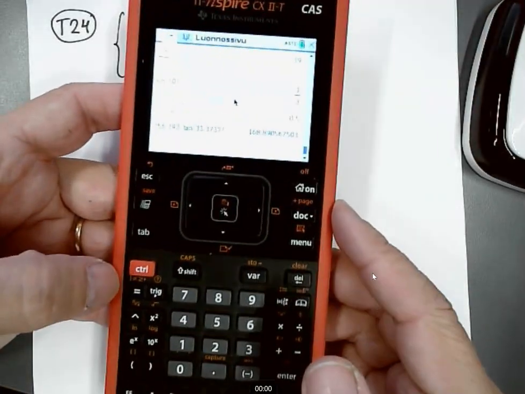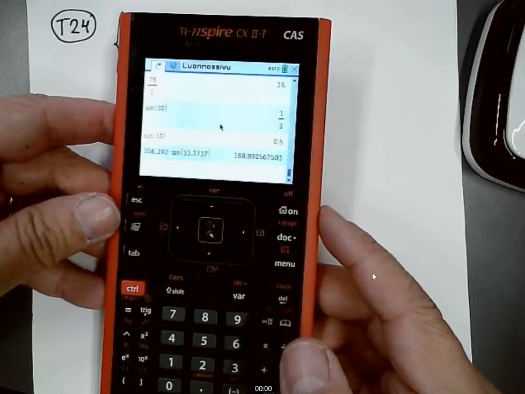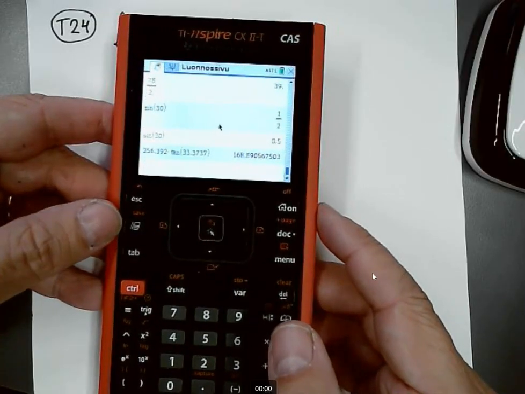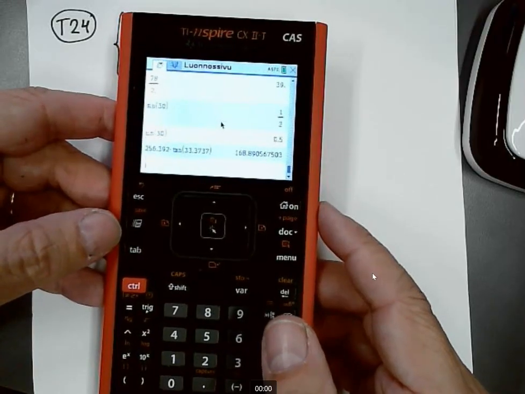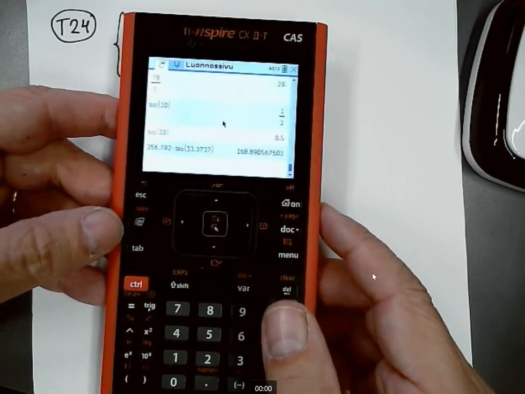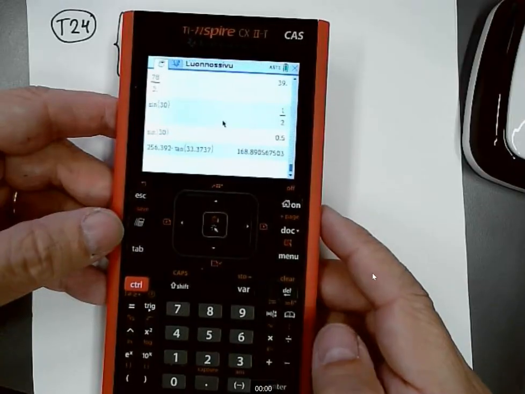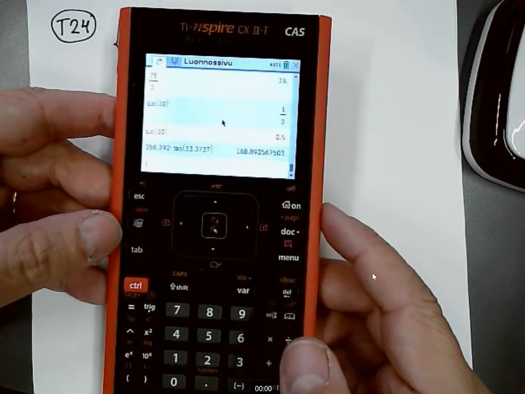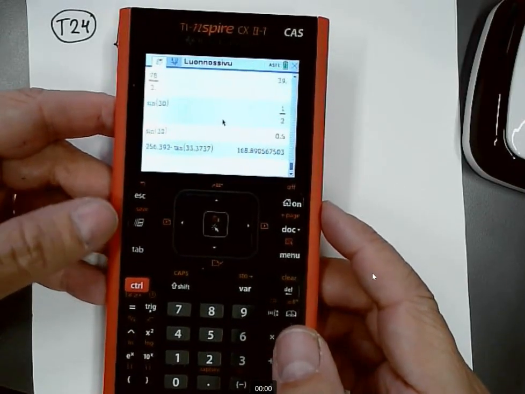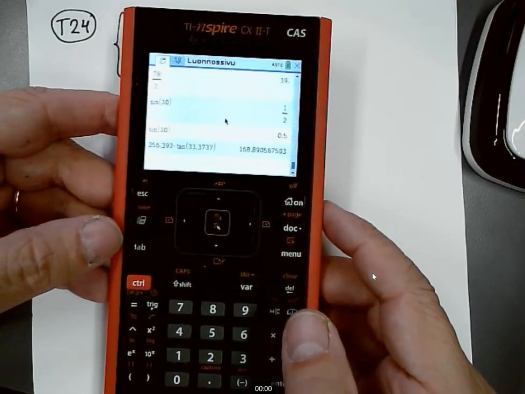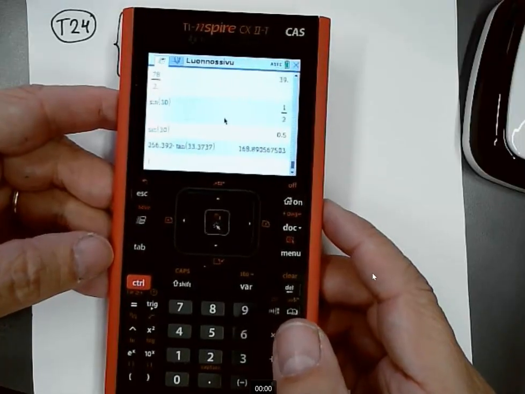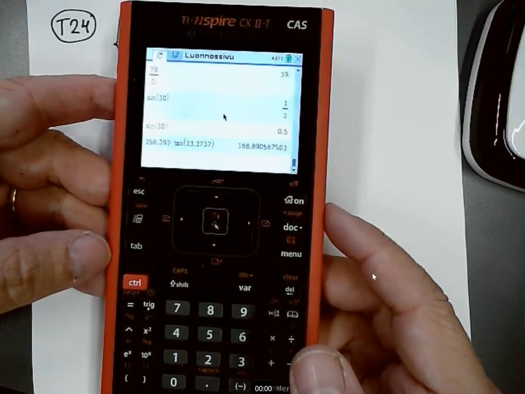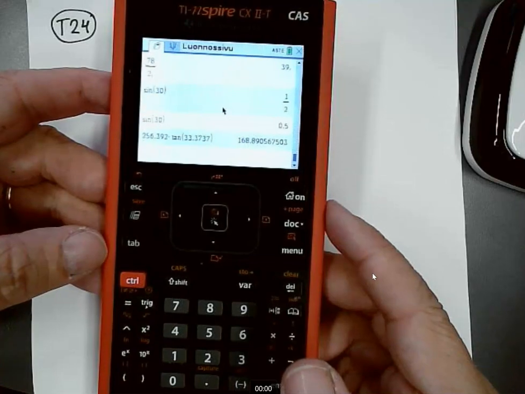This is a very good calculator, but I'm not sure if it is wise to invest so much in a calculator. I've got this from my employer, the school in which I am working. It gave me this calculator, so I didn't have to pay for it myself.